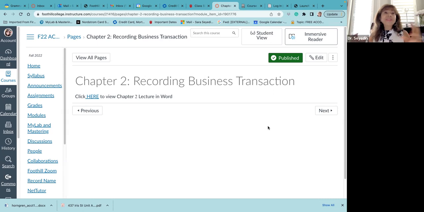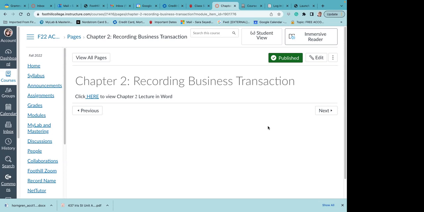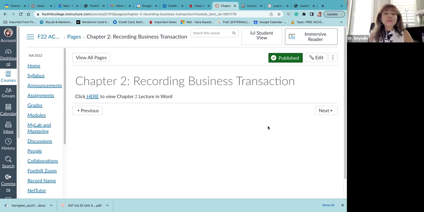So his revenue is $1,000. His expenses are $400. Guess what his profit is? Anyone? 600. 600, very good. So the 600 will go under the caption owner's equity.